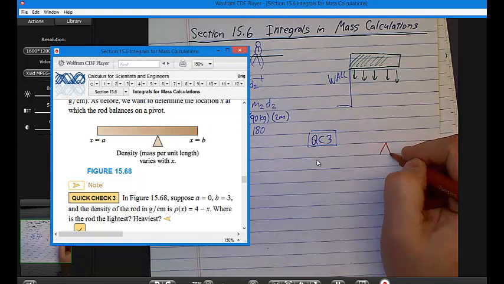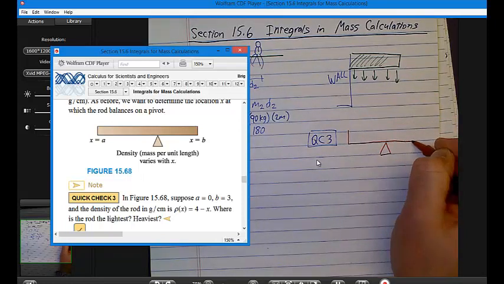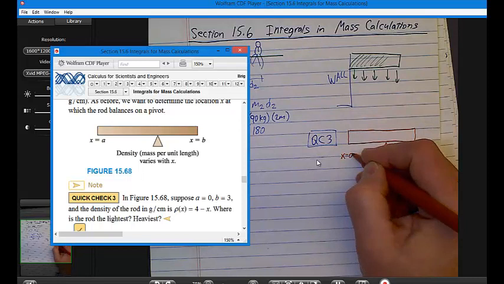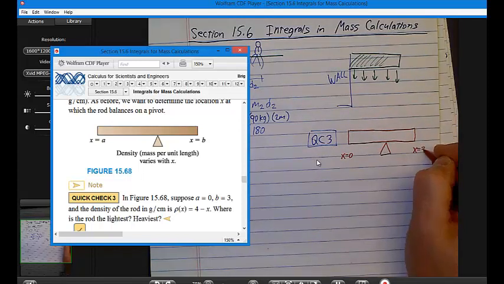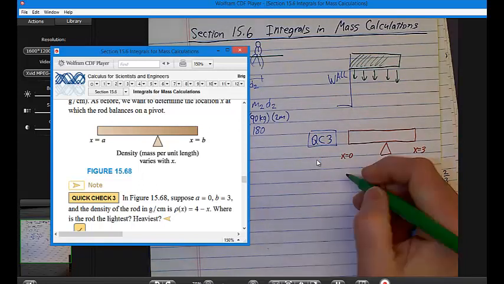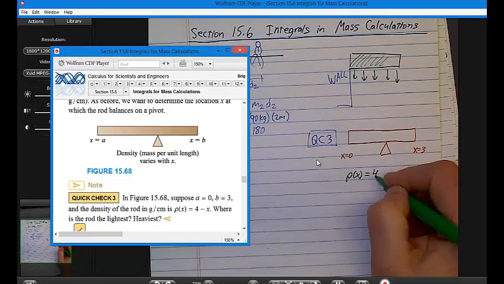They drew this triangle. I have my rod now. And they say this is x equals 0, and this is x equals 3. And we say that rho of x, the density, is 4 minus x.